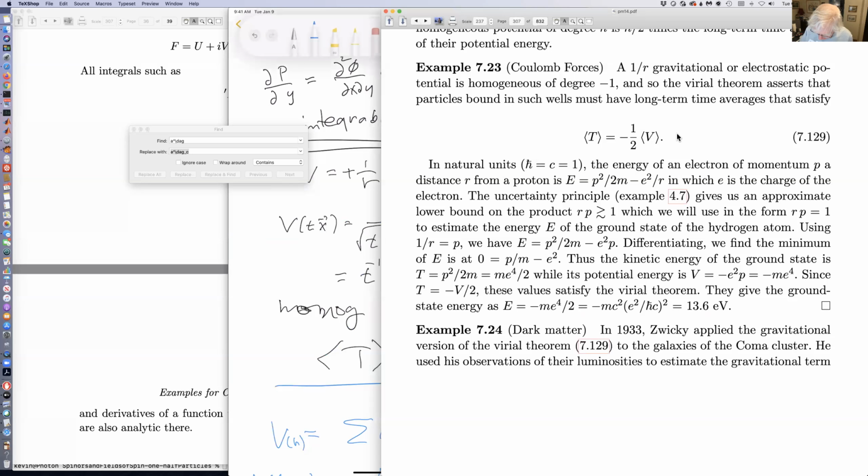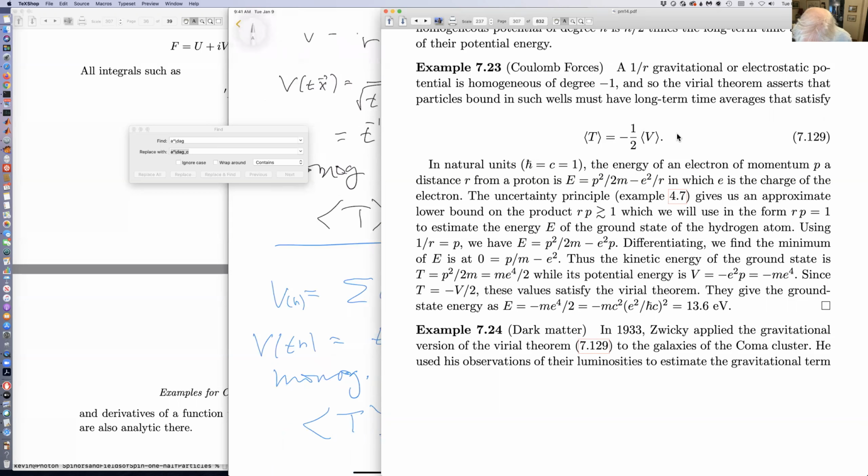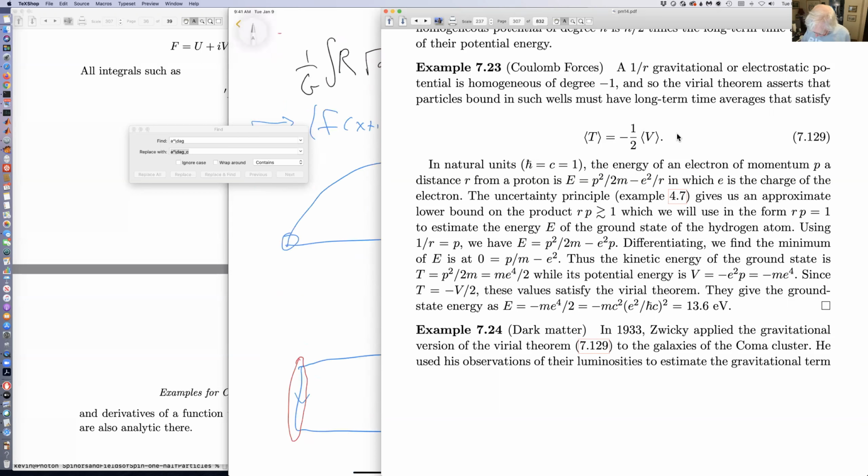Let me go back here and bring out my eraser and change this to, oh God, I screwed up.